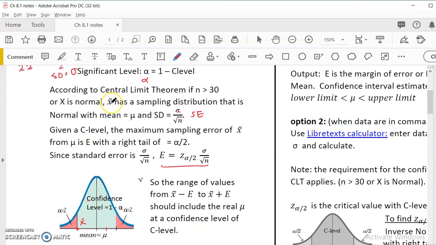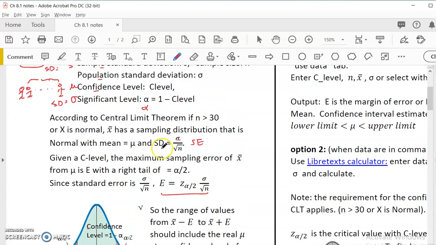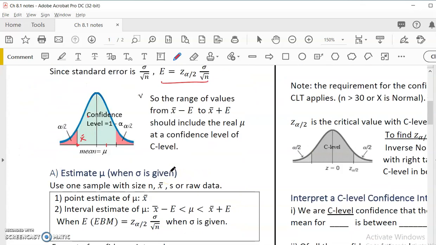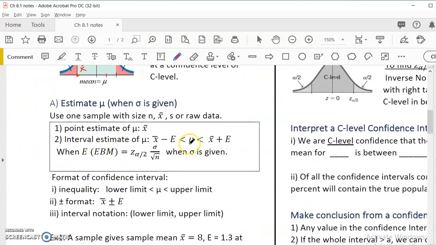When we have one X bar, we can't do much because we don't know if it is exactly mu. We just don't know. But we can use this X bar to construct something called a confidence interval. That's what we talk about, a confidence interval, in the form of X bar plus and minus E to estimate what mu possibly would be.